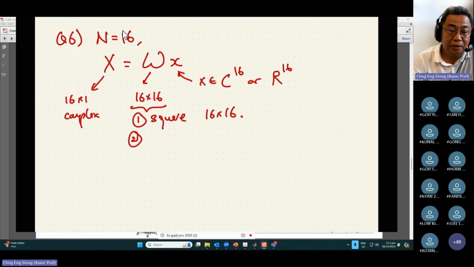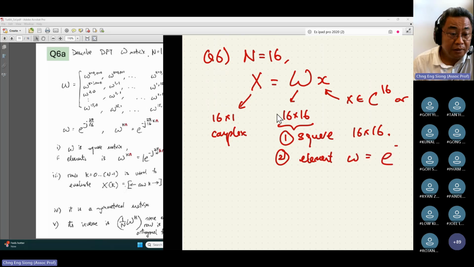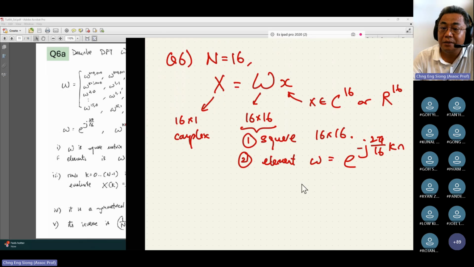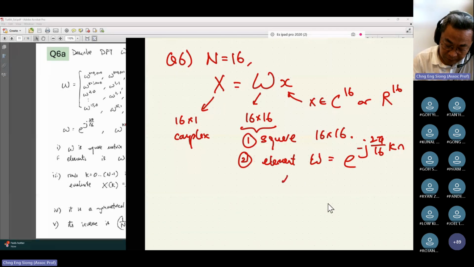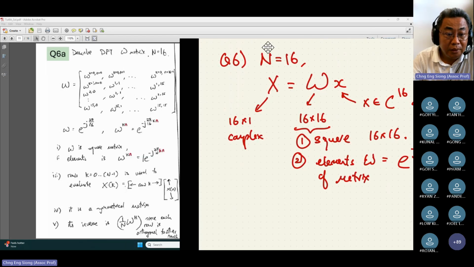The second thing I wrote is the element of W is equal to e^(-j2π/16 kn). Okay, this is the element of the W matrix. So remember it's minus. What else must I write?